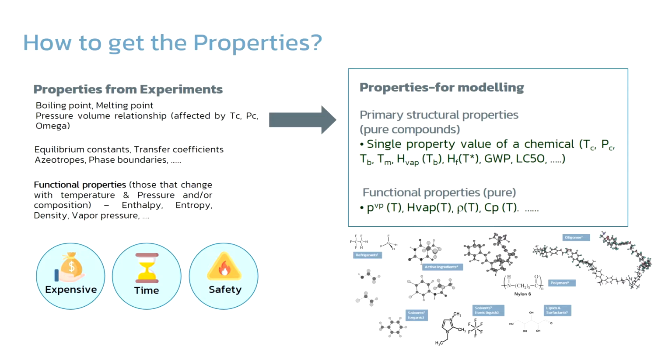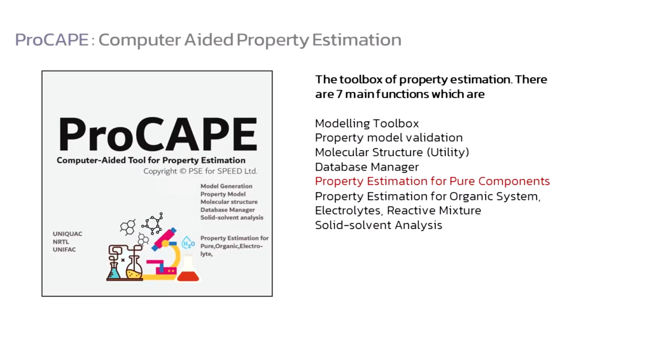If not, please check the recorded video from the PC-SAFT webinar series 2021, Webinar 2 on properties predictions. In this properties prediction series, we will mainly use ProCAPE, which is our specially developed computer-aided properties estimation software tool.